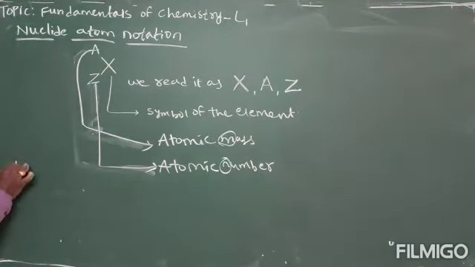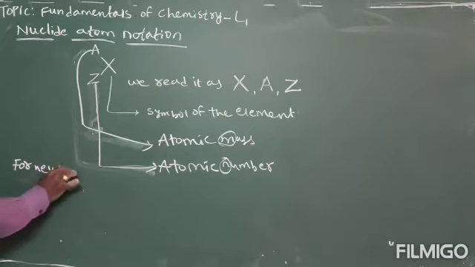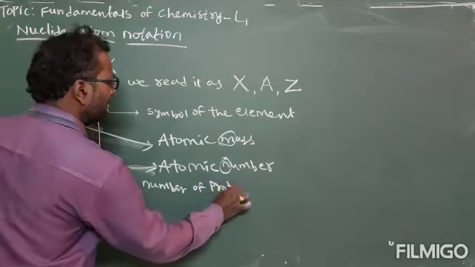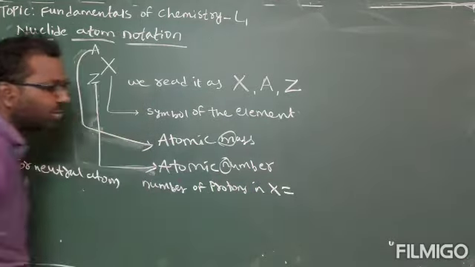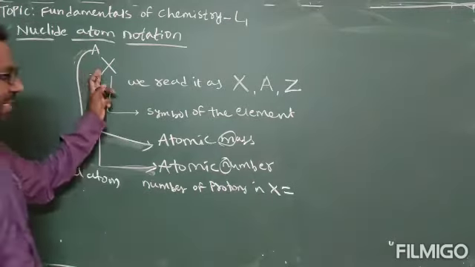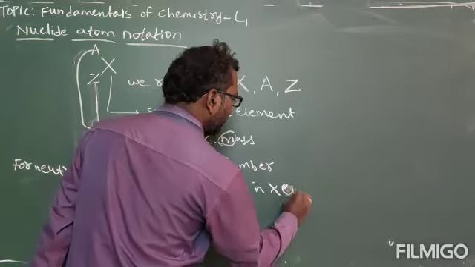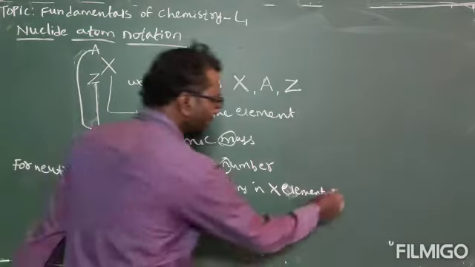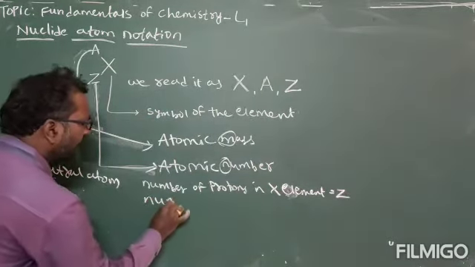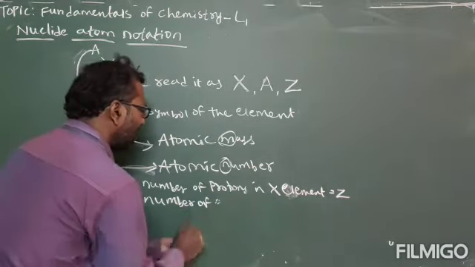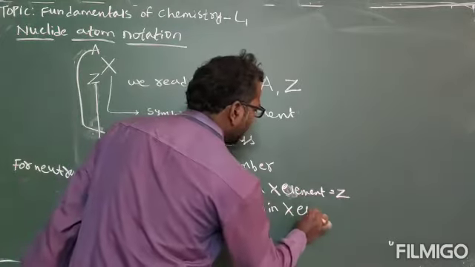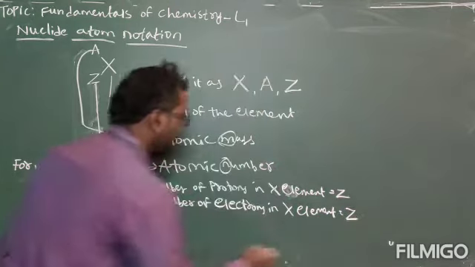Okay. For a neutral atom, the number of protons in the X element is equal to Z. Protons is nothing but Z. The number of electrons in the X element is equal to Z only.